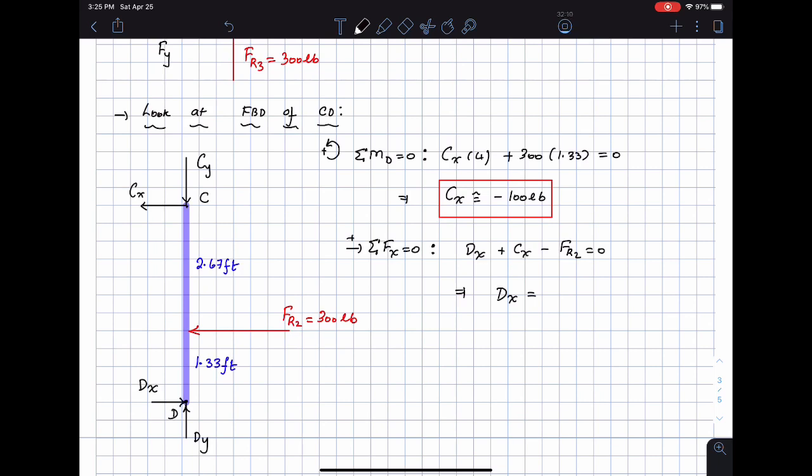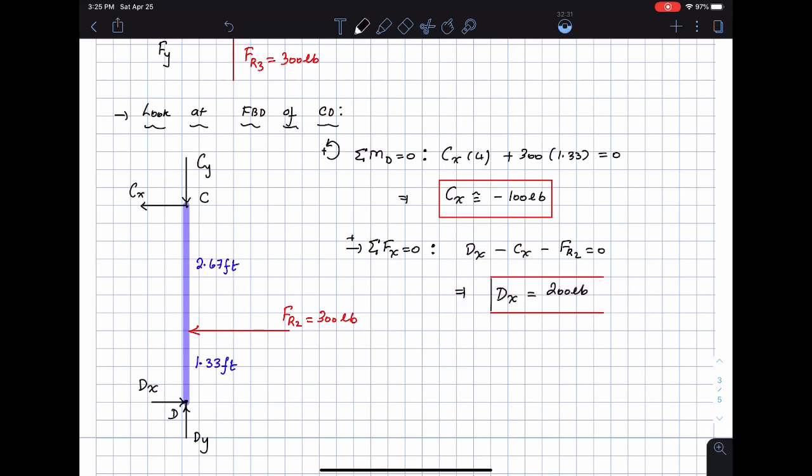I'm sorry, this is minus Cx, I apologize. This is Dx minus Cx. So I see that Dx is going to be equal to 200 pounds. Once again I can duplicate this and put a box around this particular answer.